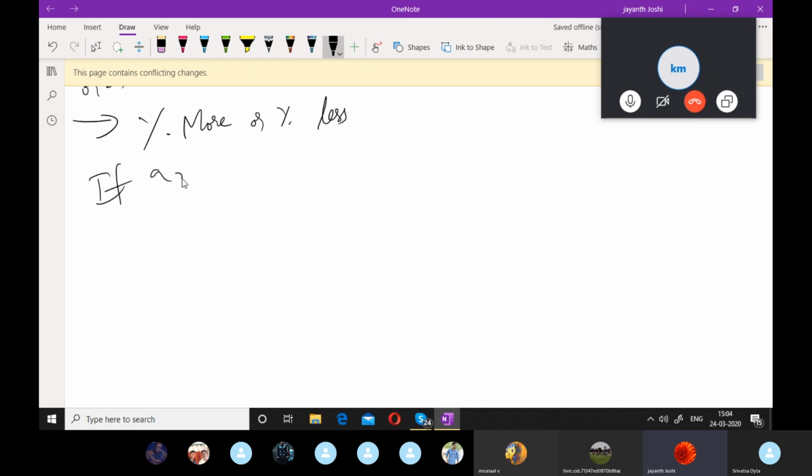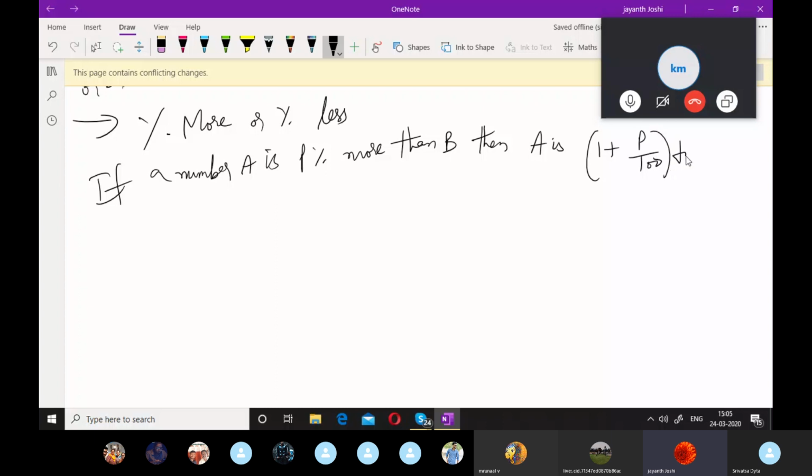If a number A is P% more than B, then A is (1 plus P by 100) times B. This is very silly and simple, but I am giving it as a note.